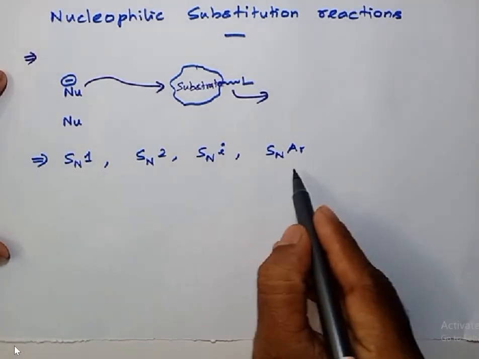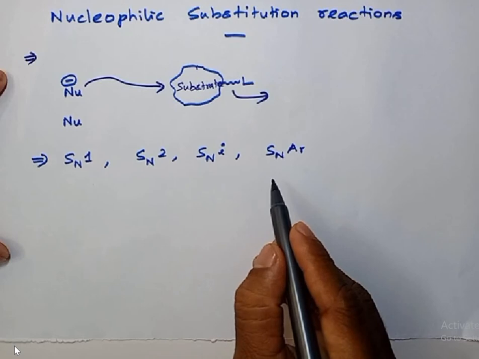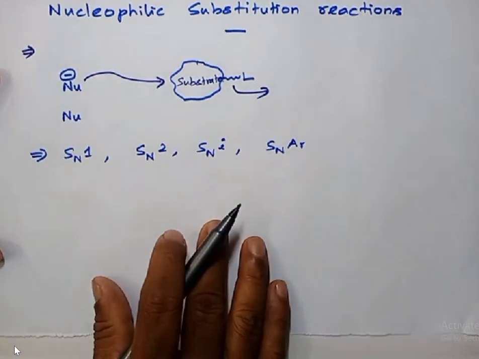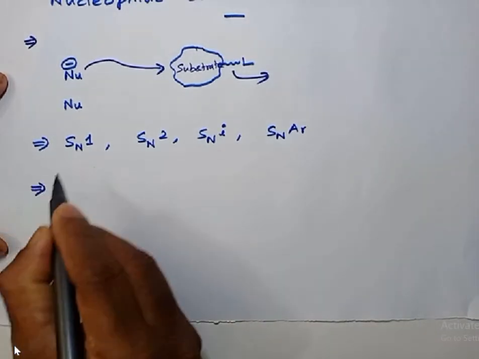So these are all different types of nucleophilic substitution reactions, and they are all based on mechanisms. Now, let's start our discussion with Sn1.